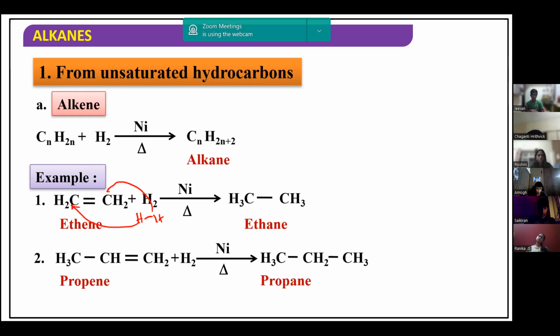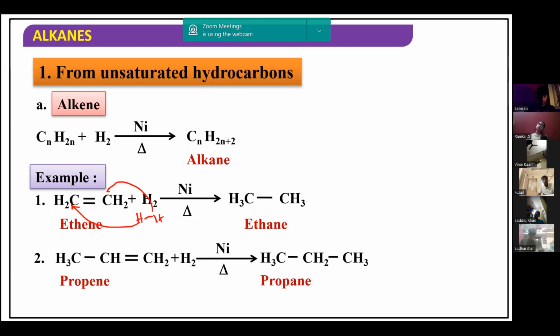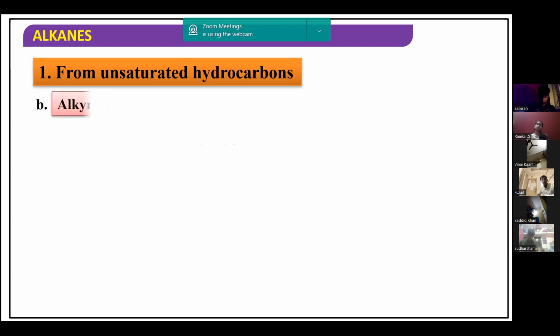It is one of the methods of preparation of ethane and propane. Addition of 1 mole of hydrogen to alkenes, where the hydrogen gets added to the carbon-carbon double bond and the double bond becomes a single bond. This is called the hydrogenation process. You can use nickel, platinum or palladium as a catalyst during this hydrogenation process. So this is one of the methods of preparation of alkanes.